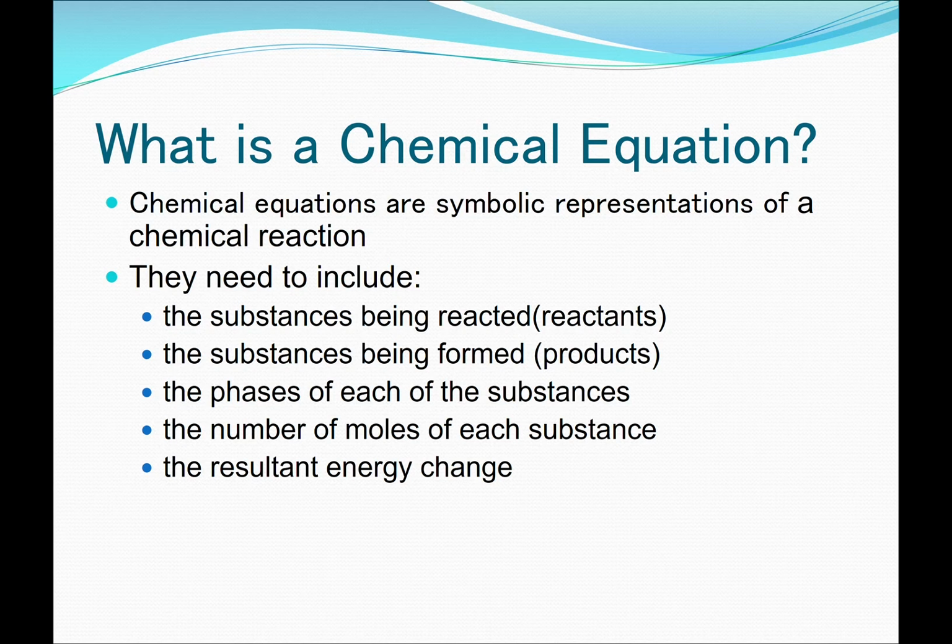The phases of each of the substances that are involved, both reactant and product, how many moles of each substance that we have. And this last one here, the resultant energy change, is sometimes included, it is sometimes not. But we will often see this in there as well as a delta H value.